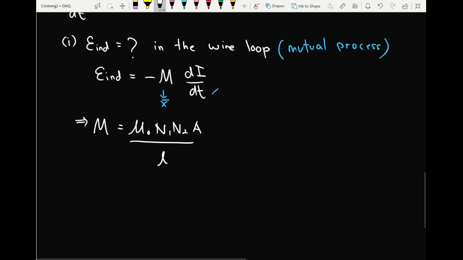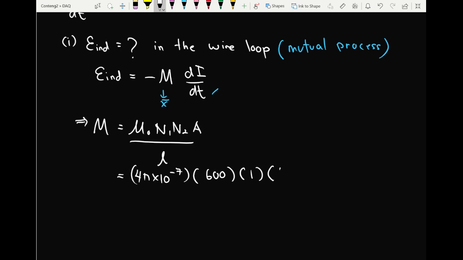So just substitute into the equation. Mu naught is 4 pi times 10 to the power of -7, and N1 stands for the solenoid, you have 600 turns, and N2 stands for the coil, the loop, 1 turn, and the area of the solenoid is 4.20 times 10 to the power of -4.